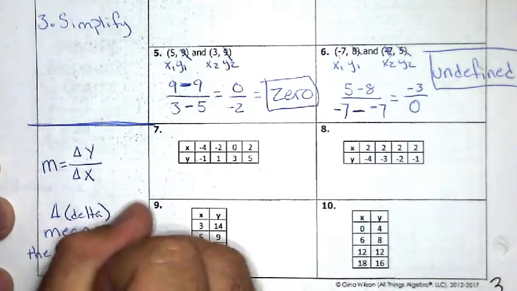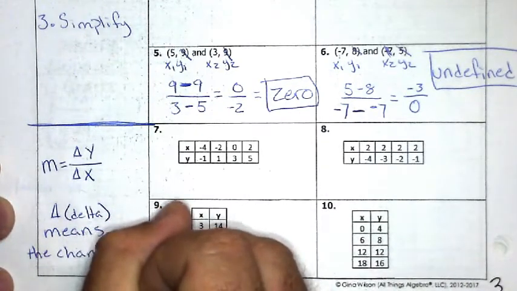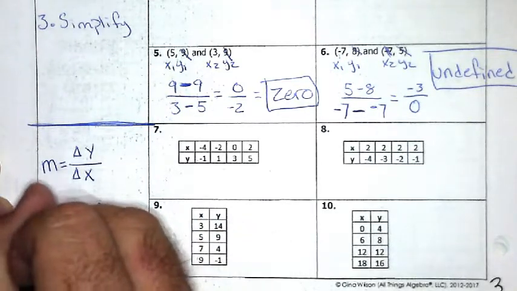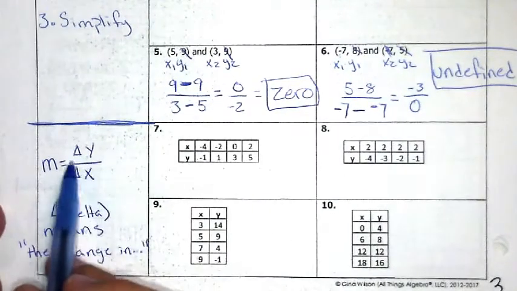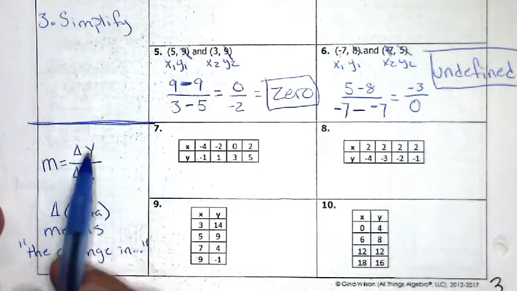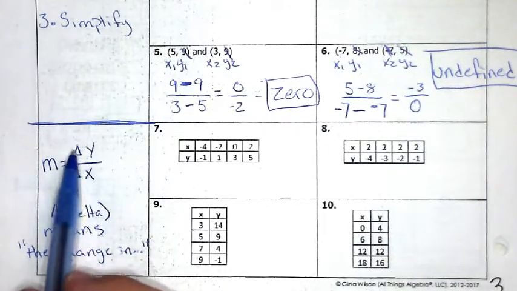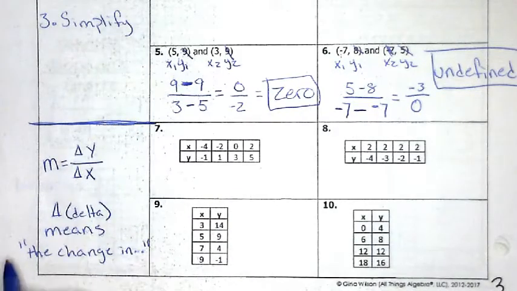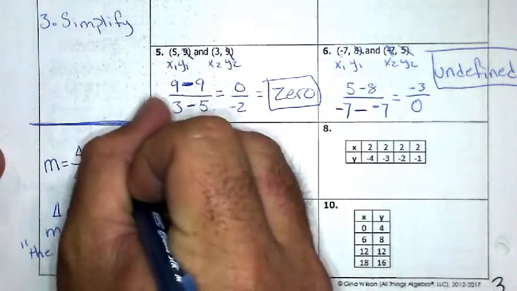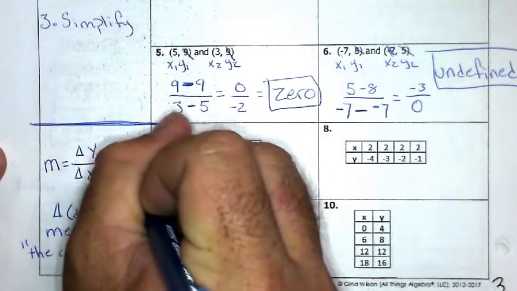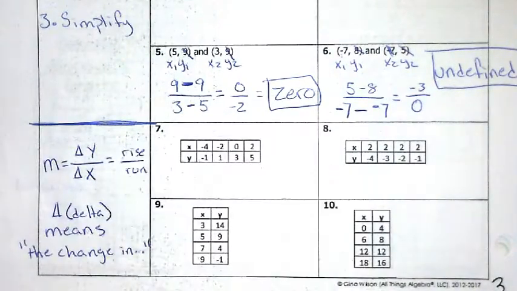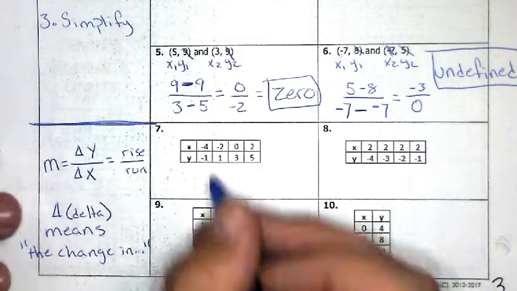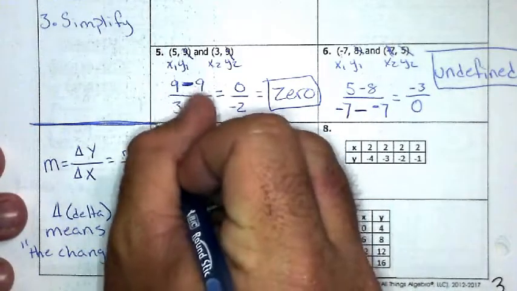So this is delta y, but what it really means is the change in y divided by the change in x. You know what that really means? Rise over run. It's still rise over run. Okay? So horizontal tables, your x's are on the top, your y's are on the bottom. Just make sure that when we convert it to slope, y is the numerator and x is the denominator.